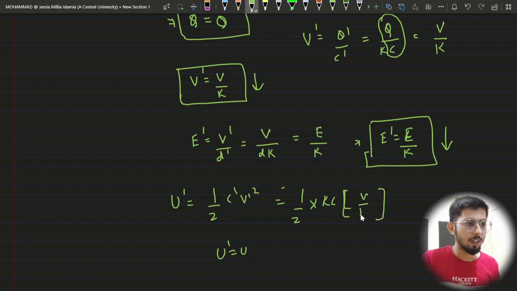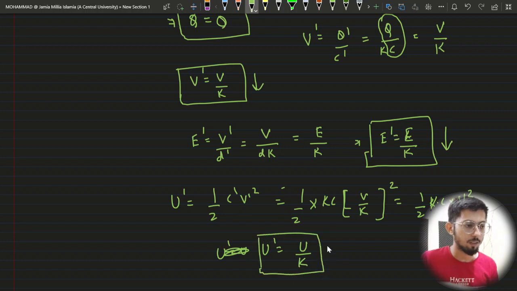V by K, whole square. So half KC into V square by K square. So one K cancels out. Oh, okay. So U dash will be U upon K. This is also downscaled.